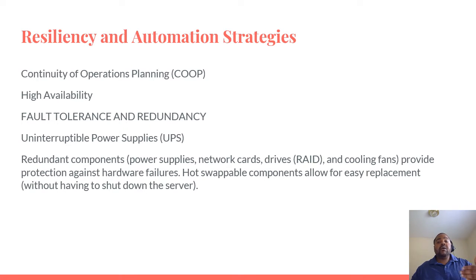Also with cooling fans, you have one or two on it so that if one has a problem, you're able to fall back to the next, and that gives you time to replace the one that's malfunctioning.